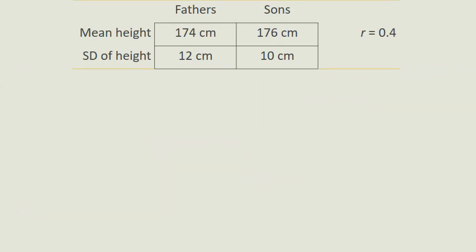Let's look at a simplified example to see how this works. Suppose the fathers had an average height of 174 and a standard deviation of 12, and the sons had an average of 176 with a standard deviation of 10. And let's say the correlation was 0.4. Let's begin by looking at fathers who were 192 centimeters tall.